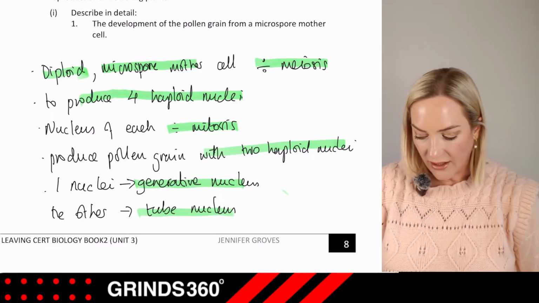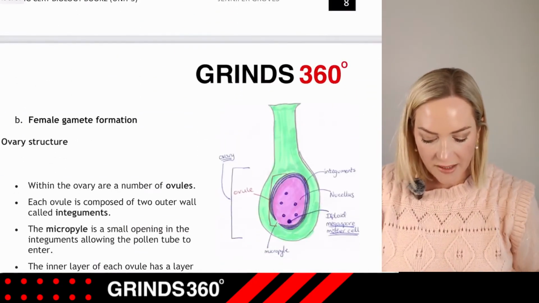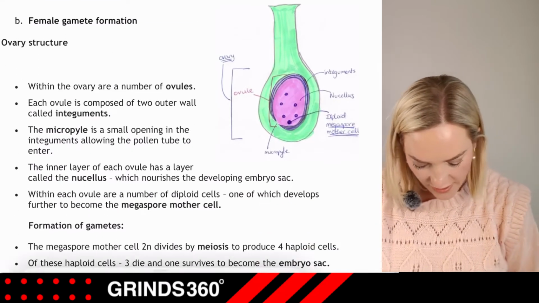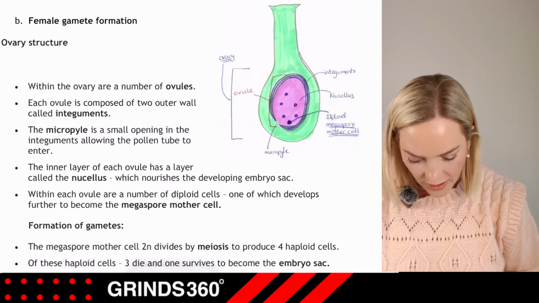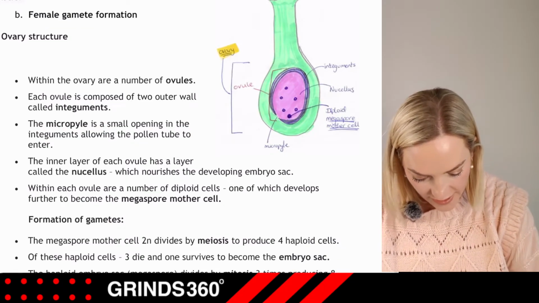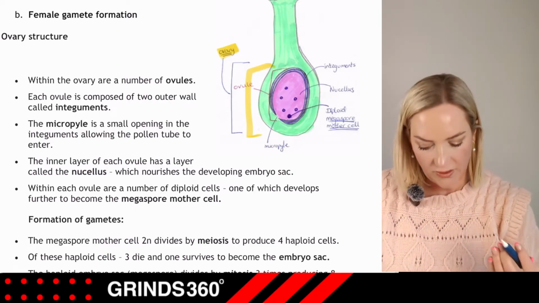So now we're going to look at female gamete formation. Just going to change my highlighter. So here we have our ovary. Within the ovary are the ovules.